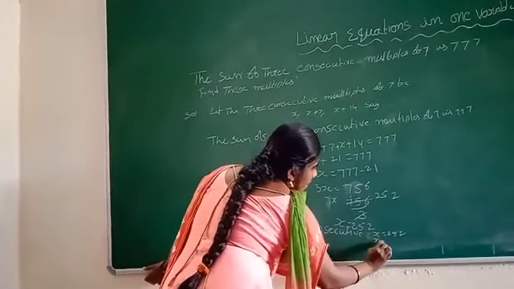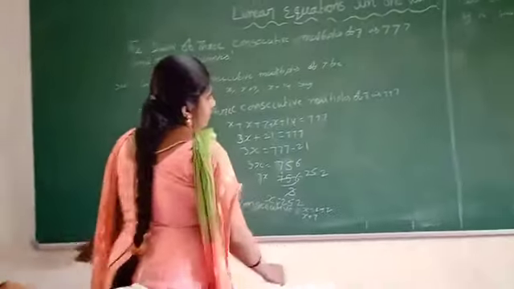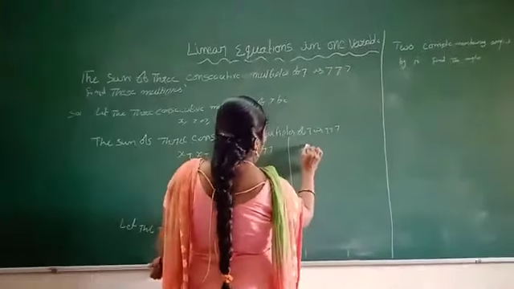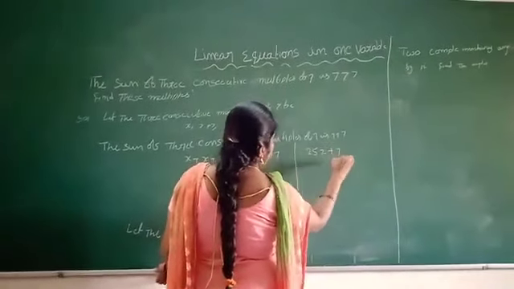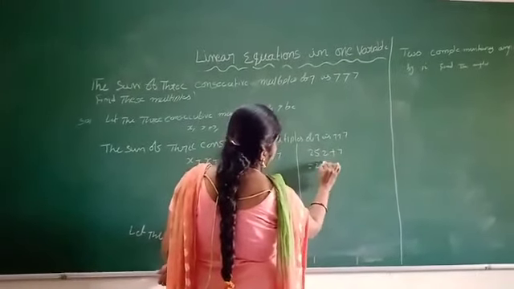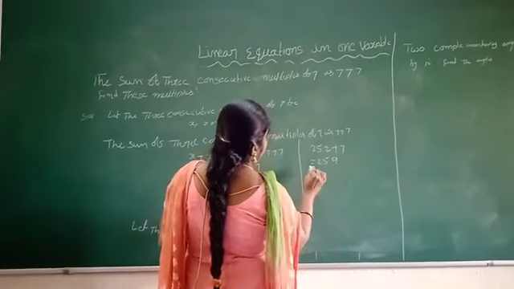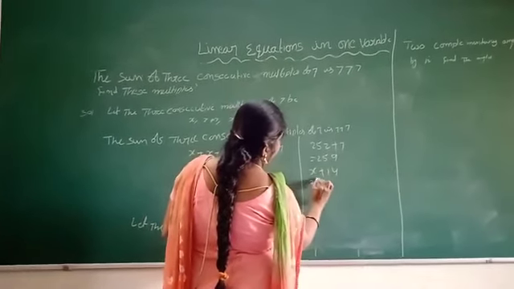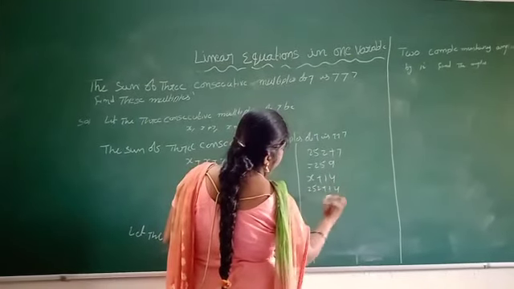Next one, x plus 7. X is nothing but 252 plus 7, 259. Next, x plus 14, 252 plus 14.